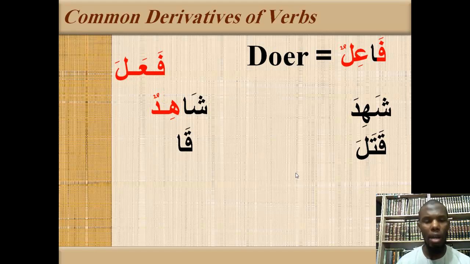So now we have a qaf with a fatha, and after that an alif for elongation. Then we put a kasra on the ainul fi'l, so now we have qa-ti. And then we put the dhammatan on the lamul fi'l, which happens to be the letter lam. So we have qatil. Qatil would be a killer, someone who participates in the act of killing.